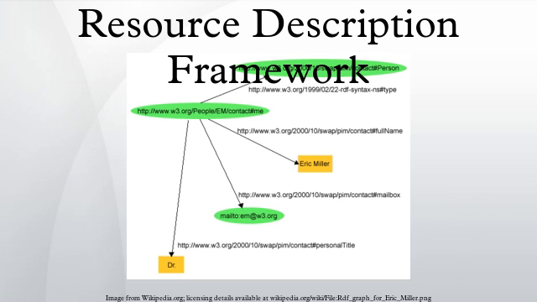RDFS comment: a description of the subject resource. RDFS member: a member of the subject resource. RDFS seeAlso: further information about the subject resource. RDFS isDefinedBy: the definition of the subject resource. This vocabulary is used as a foundation for RDF Schema, where it is extended.